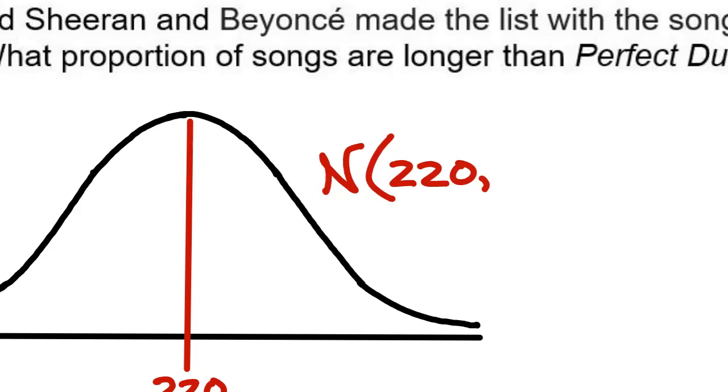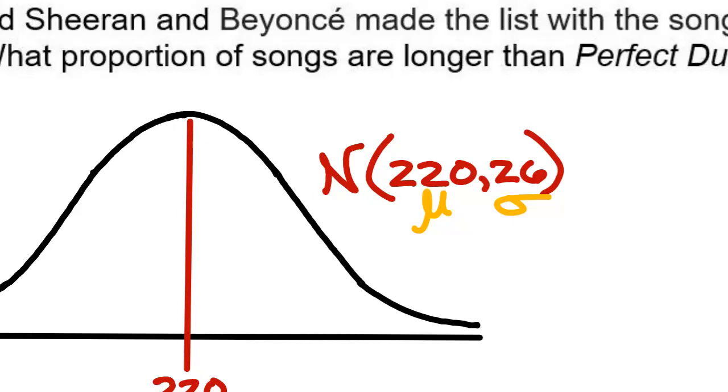What else? 26 for our standard deviation. We need to label those. Mean, standard deviation. If you write the words out, that's fine. You can use SD for standard deviation. I use the symbols because they're fast and they don't take very long to write. But if you're not comfortable writing the symbols, you can write it out in words.